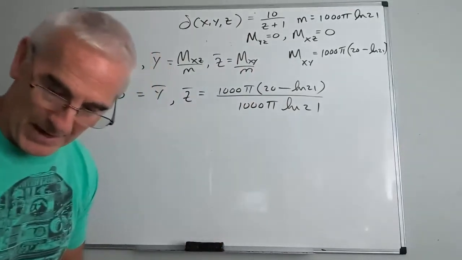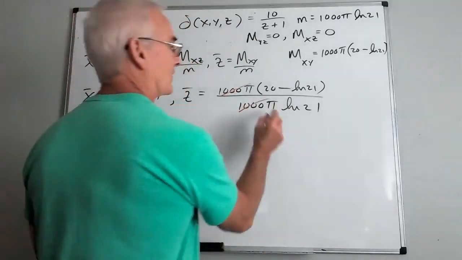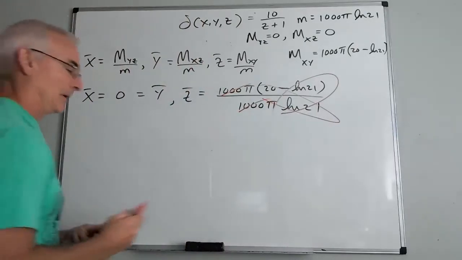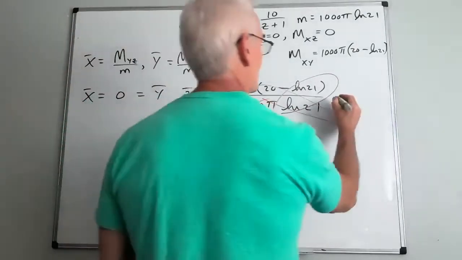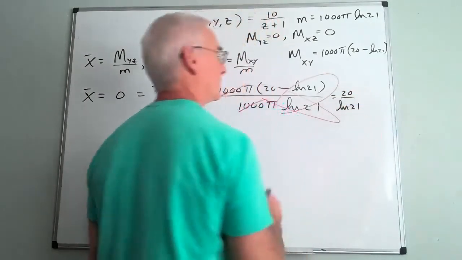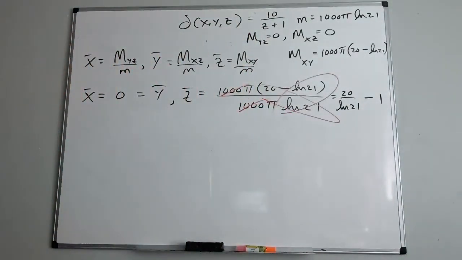Well, obviously, the 1000 pi cancels. And now what I've got left, I can certainly split up. And it looks like that's just going to be 20 over log 21 minus 1, which I think is probably the simplest answer.